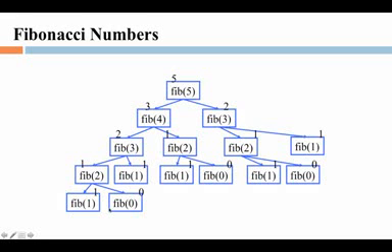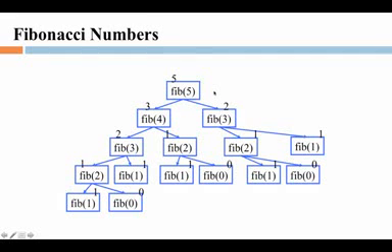It is a leaf node. And observe that at these leaf nodes, you get the base value. The 0th Fibonacci number has a value 0. The first Fibonacci number has a value 1. And these two values are added, and this is the value of the parent Fibonacci number, which is the second Fibonacci number, and so on. You can see that the fifth Fibonacci number has the value 5.